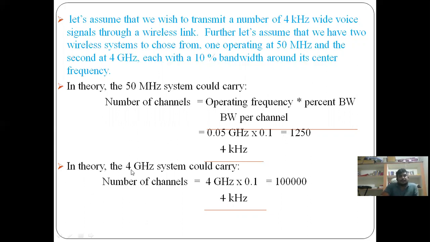If you increase your frequency to 4 gigahertz, 4 gigahertz times 0.1 divided by 4 kilohertz, you will get 1 lakh channels. So if you change your frequency from 50 megahertz to 4 gigahertz, you get about 400 times the channels, from 1250 to 1 lakh. So we get more channels, more capacity, and we can transmit more.